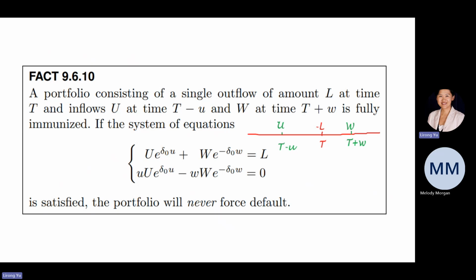In that case, what you have to do is solve a system of equations. One is for the value at time T. So the value of U, you will let it grow to time T, and then the value of W you will discount back to time T. So the first equation is the time value of money. Are we okay? So the first equation matches up the value.